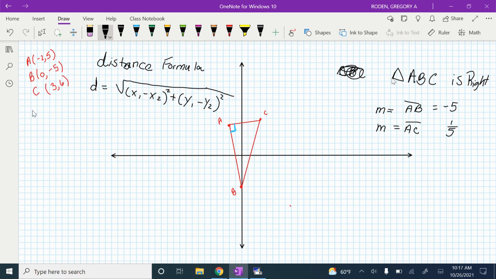We'll leave them as square roots and put them in our calculator later, so don't take the square root yet. You don't even have to simplify your square roots. I want to know the measure of AC, the measure of AB, and the measure of BC.